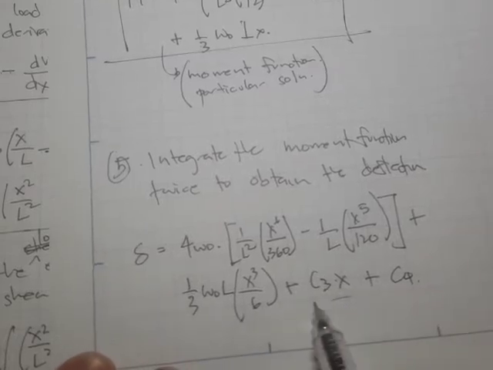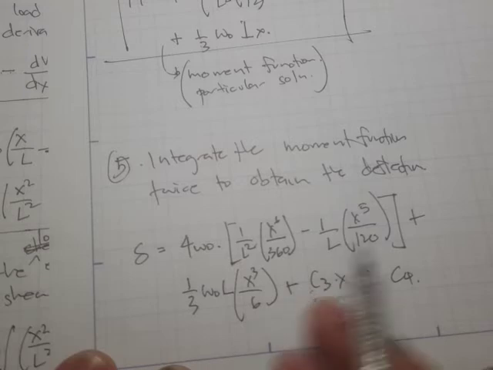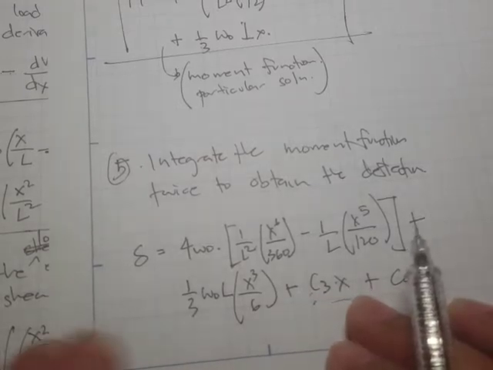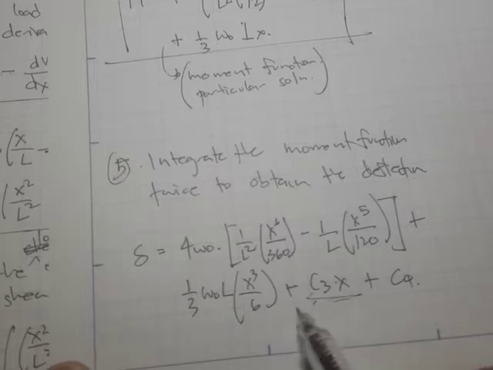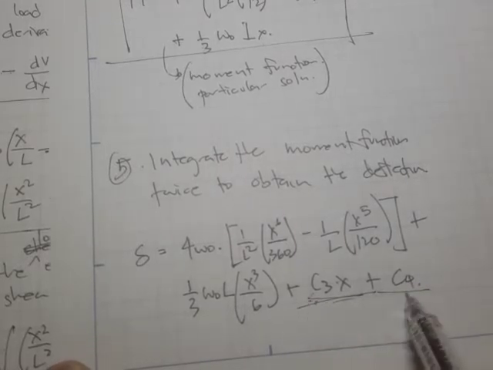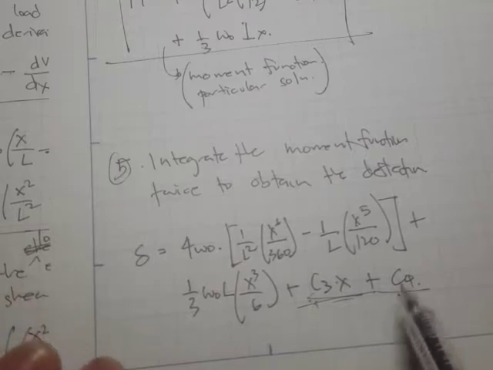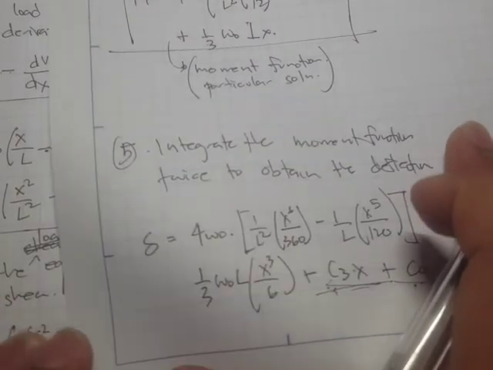So again there exists another set of arbitrary constants, simply because we did an integration operation. We need to solve this. So how do we solve these arbitrary constants? We need the boundary conditions.